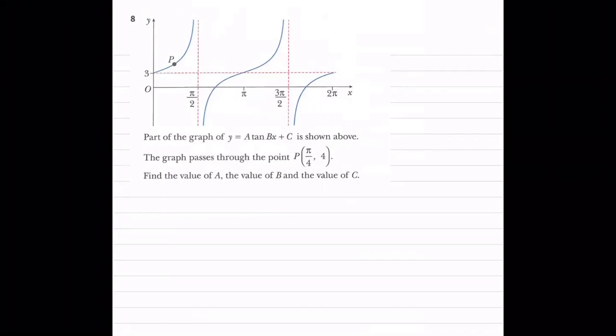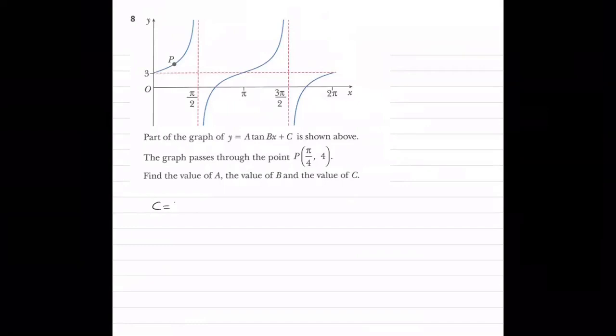Okay. Did anyone manage to find the value of C? Is it 3? Yes, it's 3. And you can see on the graph that the axis of rotation is 3. Okay. How could you find the value of B now?